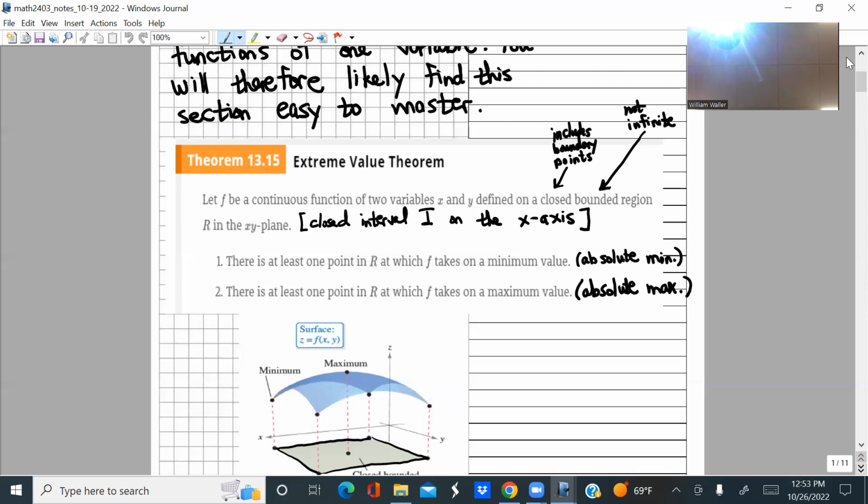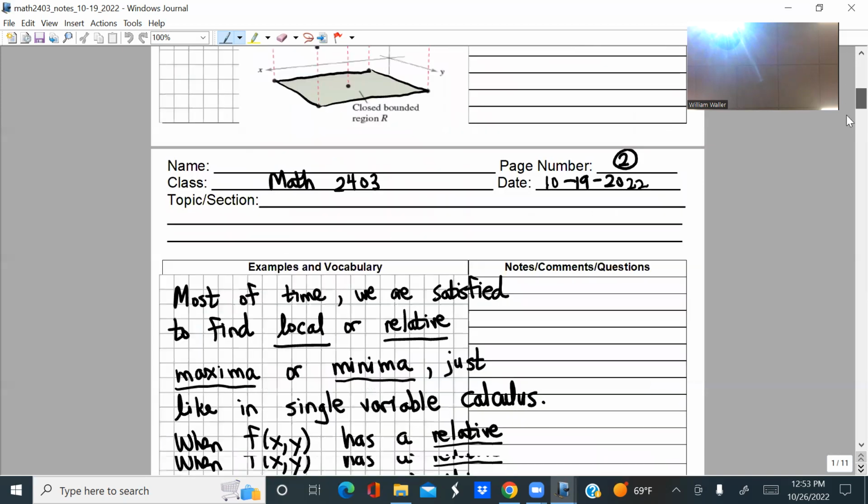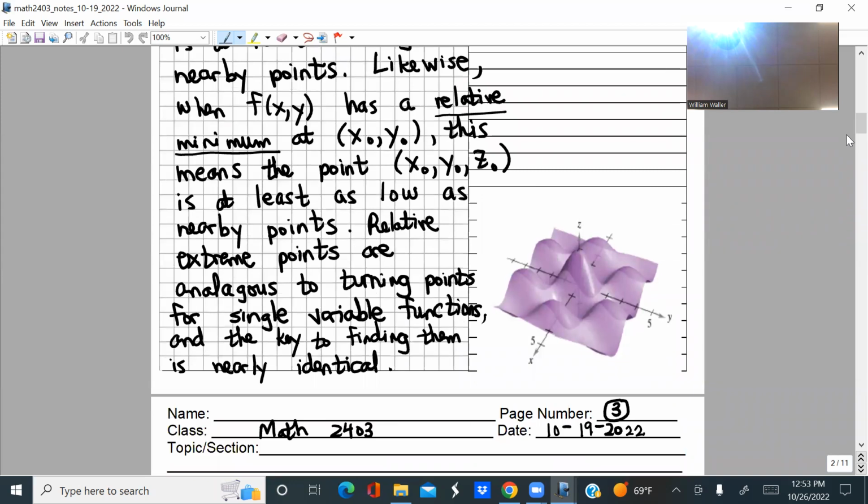But oftentimes we will be satisfied not to find absolute maximums or minimums. We'll be satisfied in finding what are called relative maximums or relative minimums. So these are points that are peak or valley points on the surface. Surfaces, of course, can have lots of peaks and valleys.